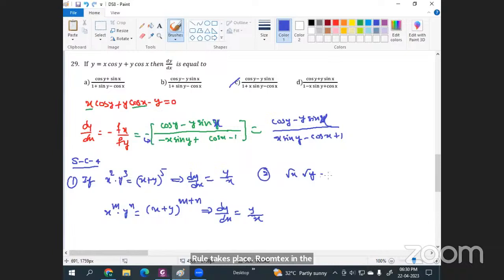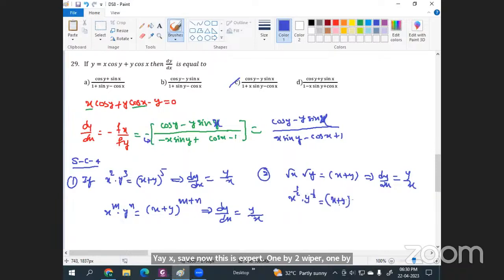Root x into root y equal to x plus y. Then dy by dx equal to what? y by x. Same. Now this is x power 1 by 2, y power 1 by 2 equal to (x plus y) whole power 1 by 2 plus 1 by 2. It is 1. Correct?